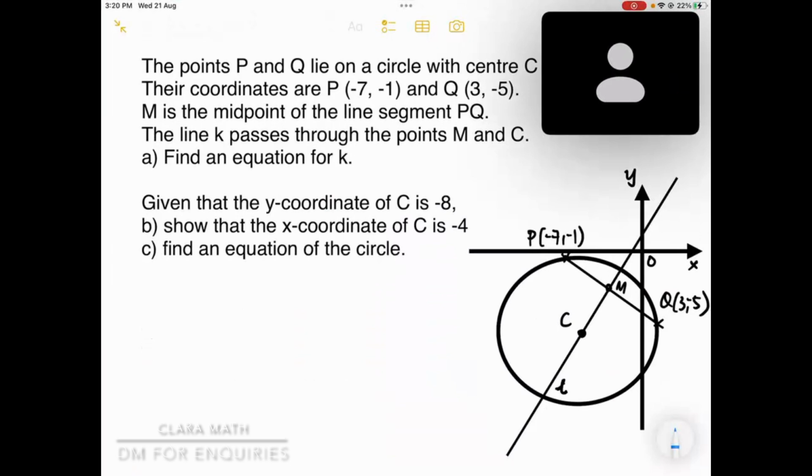You need to find the gradient and one point on the line to be able to do this. So we need to find the gradient first, the gradient of the chord PQ.